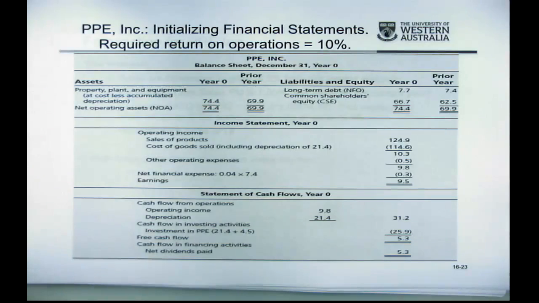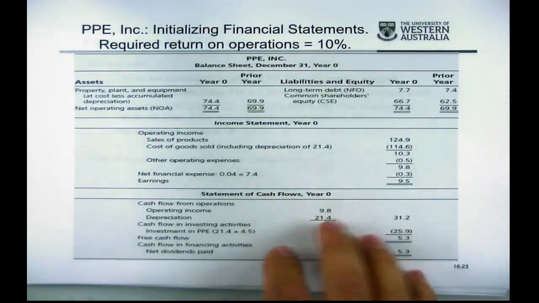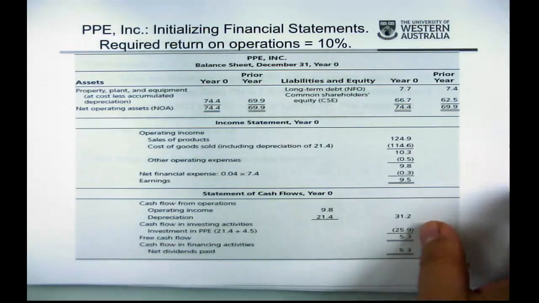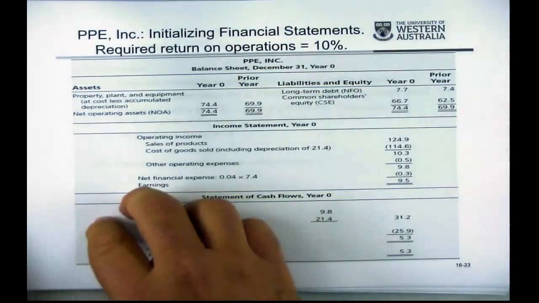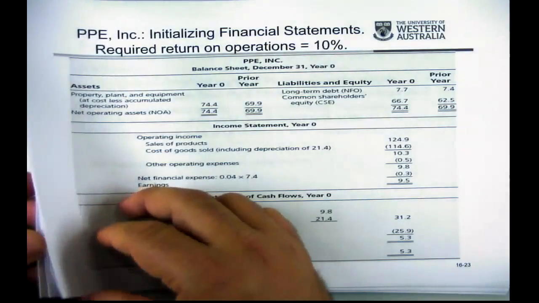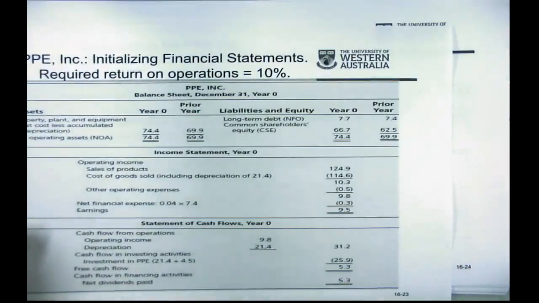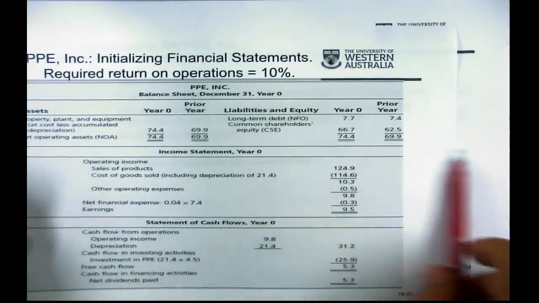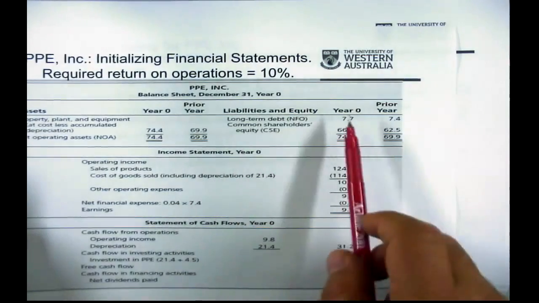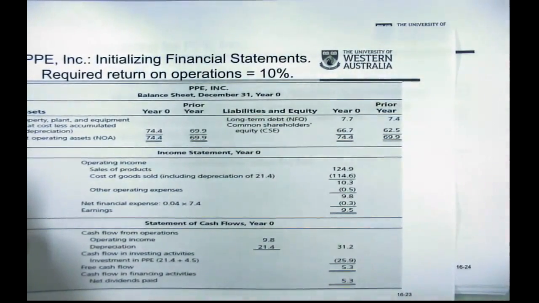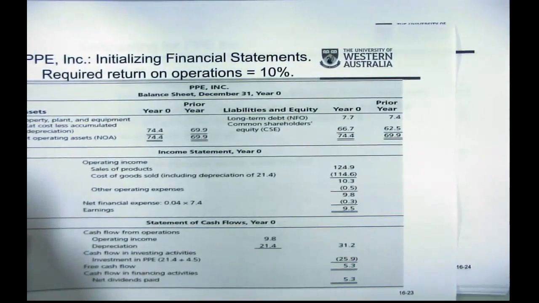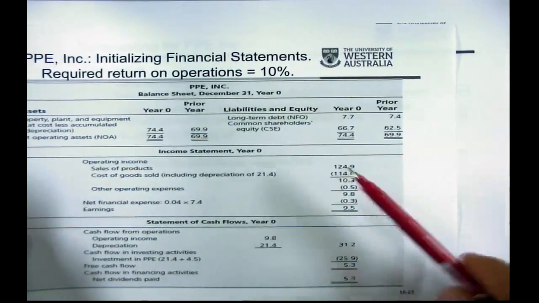So back to our dummy firm. This is again the same statements presented at the start of the lecture. Let us try to forecast these financial statements for 5 years into the future, and see also how to do the valuation.